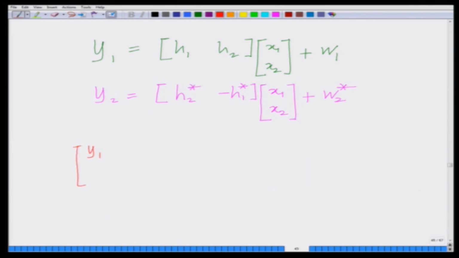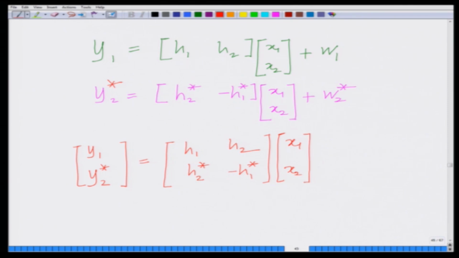Therefore, I have y1 y2 conjugate is equal to the matrix H1 H2, H2 conjugate minus H1 conjugate, times x1 x2, plus W1 W2 conjugate.